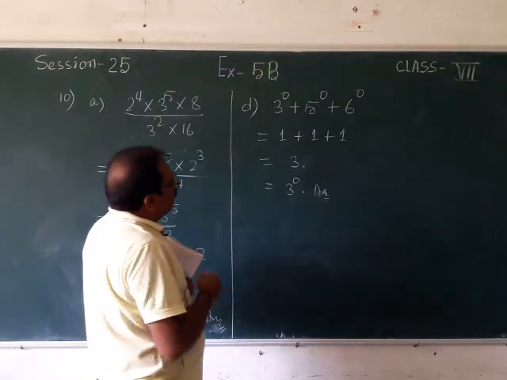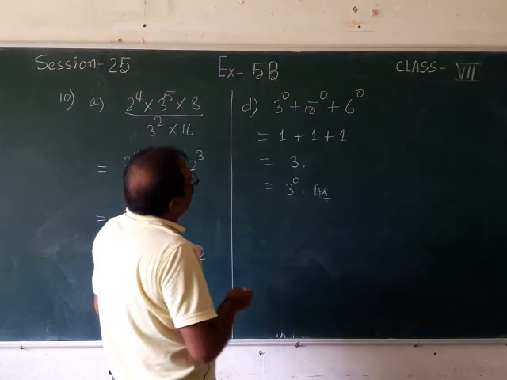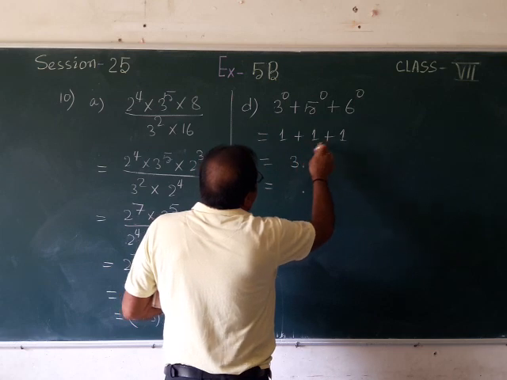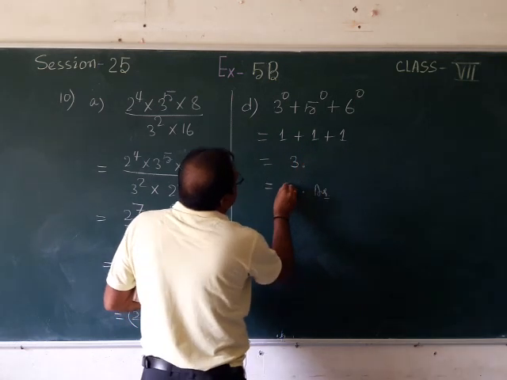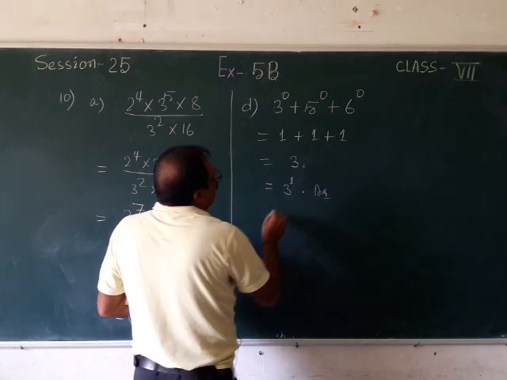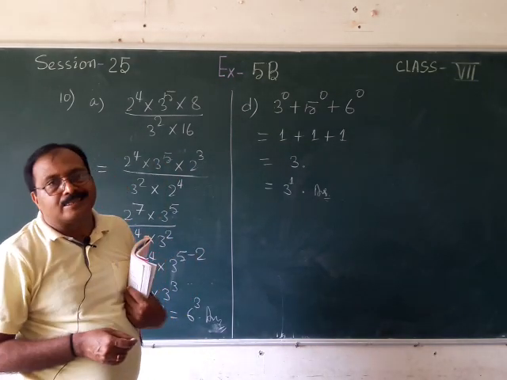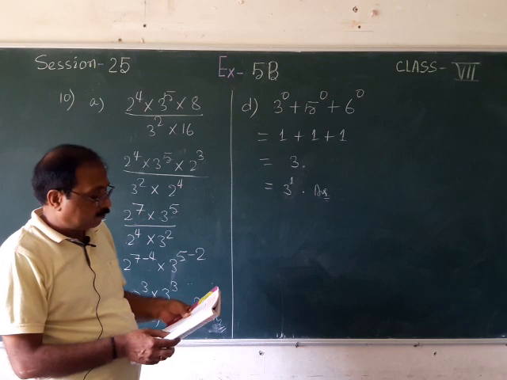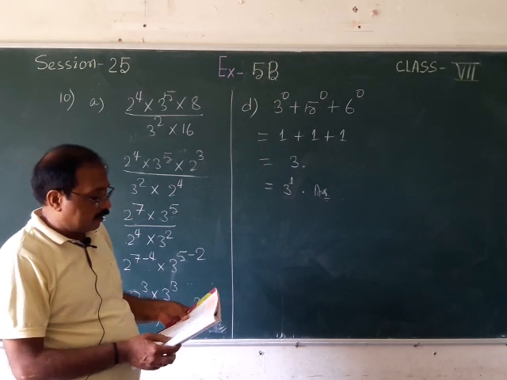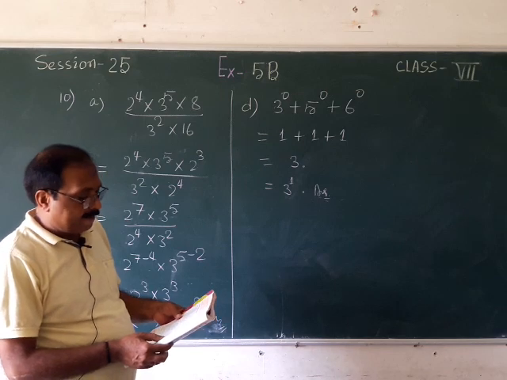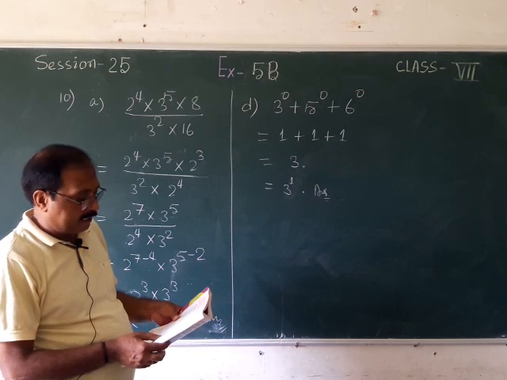So 1 plus 1 plus 1 means 3. That can be written as 3 to the power 1, not 0. So in exponential form, if you want to write 3, it can be written as 3 to the power 1. Like this you can do the remaining questions of question number 10.